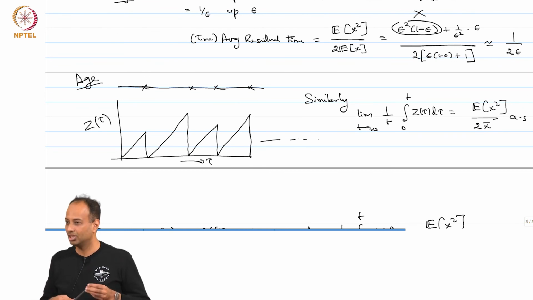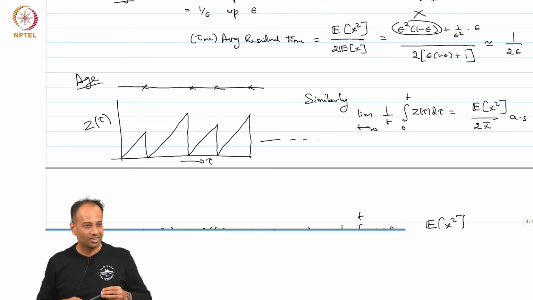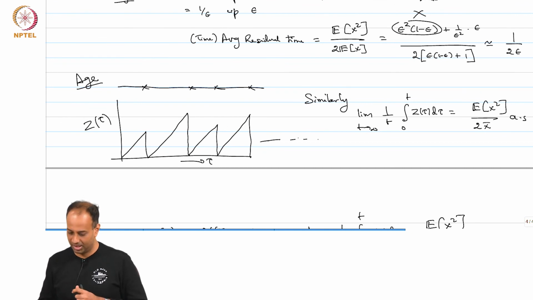So, the average inter-arrival time is roughly 1, but the second moment is like 1 by epsilon. So, the duration in which you show up is extraordinarily large. Is that clear in this sort of distribution? So, this is a good introduction to this sampling paradox, as it is called.